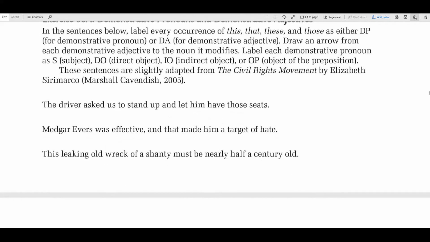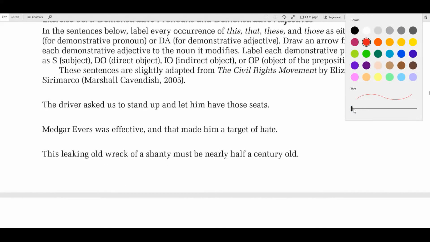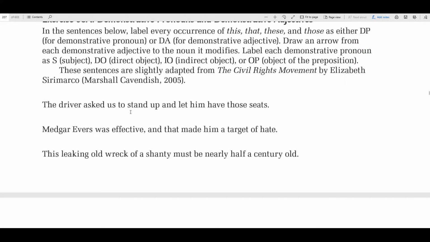Okay, so let us do these. Let's get this a little better. So, "The driver asked us to stand up and let him have those seats." All right, so here is those. Now, does it answer which one, or does it take the place of a noun?